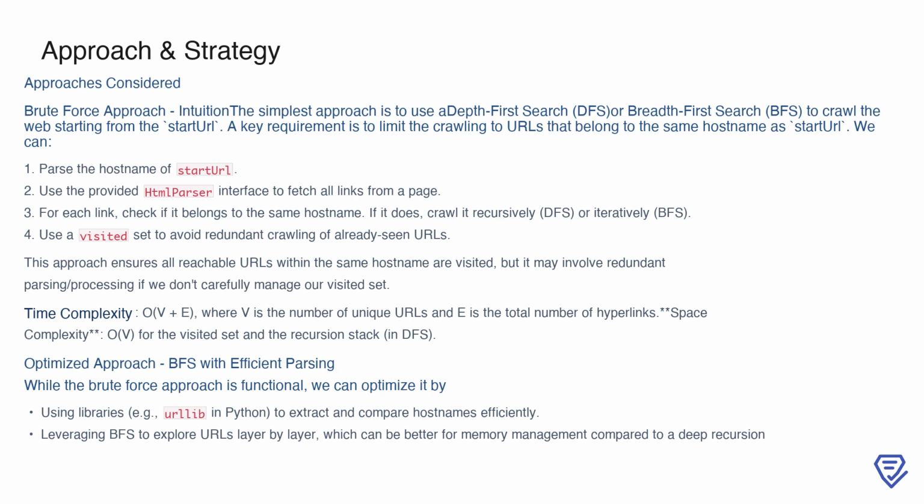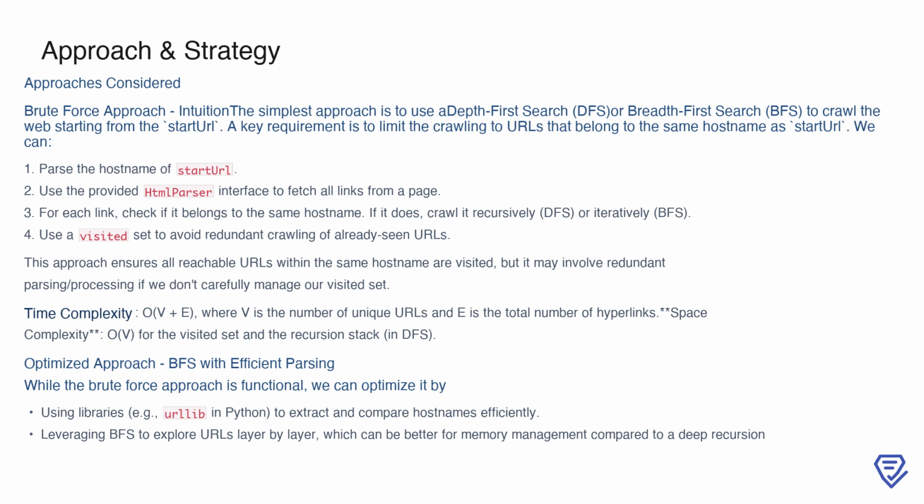To achieve this, we first extract the hostname of the start URL. Then, by using the HTML parser interface provided, we can fetch all the links on a given page. For each link, we check if its hostname matches the one we extracted from the start URL. If it does, we recursively or iteratively crawl it, ensuring we don't revisit URLs by maintaining a visited set.